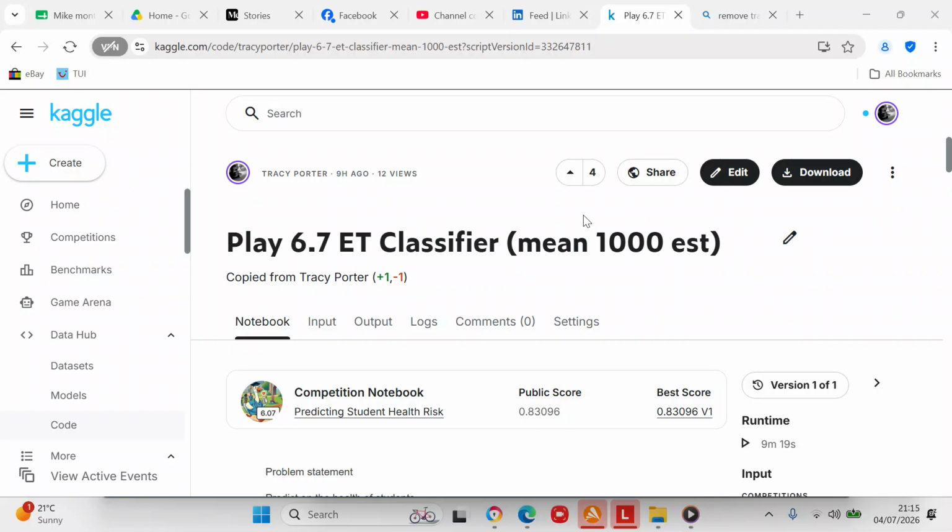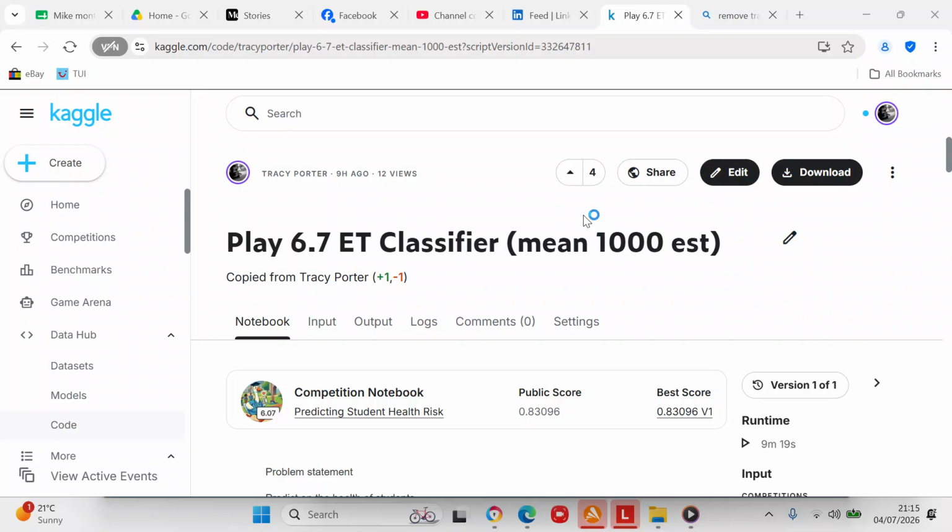In addition to that, I used the Extra Trees Classifier as my model. And the thing is that with the Extra Trees Classifier, the default number of estimators is 100, and so I tried to improve my score by using 1,000 estimators instead of 100, and that very slightly improved my score.